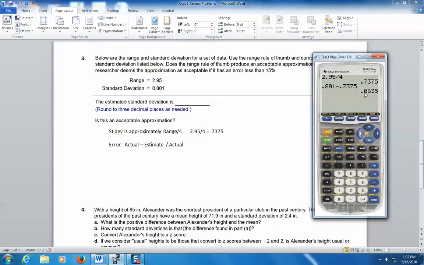So the difference between the two was 0.0635 divided by the actual, which was 0.801. Okay, and that's 0.079. Move your decimal to the right 2 places to change it to a percent or multiply it by 100. So we're 7.9% off. So if our error is less than 15%, which it is, then that means that's an acceptable approximation.